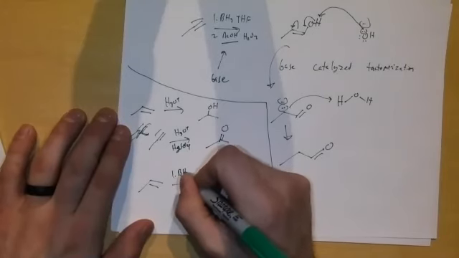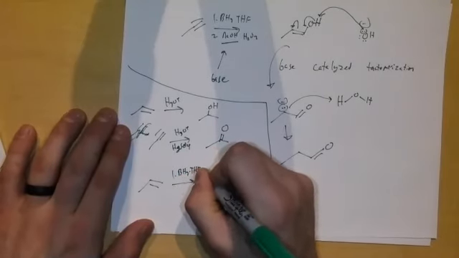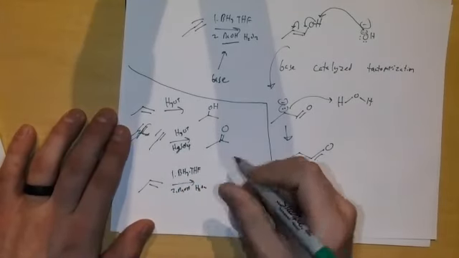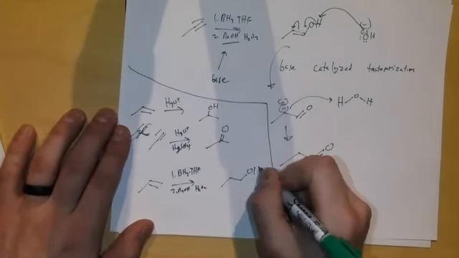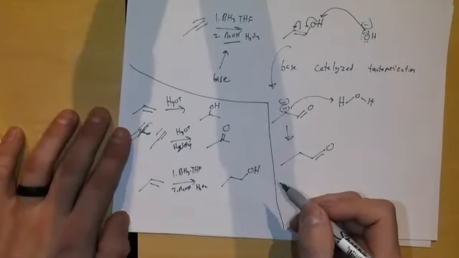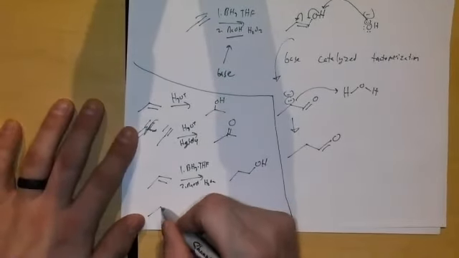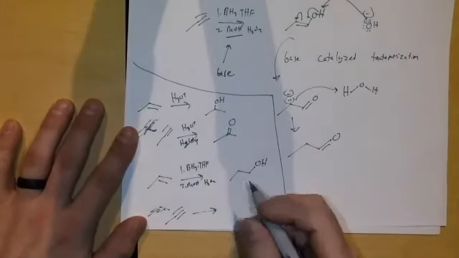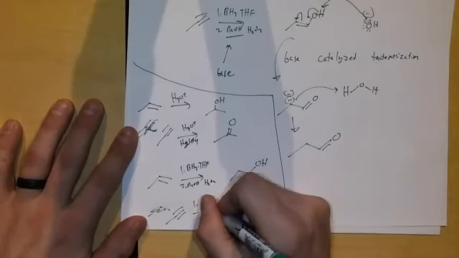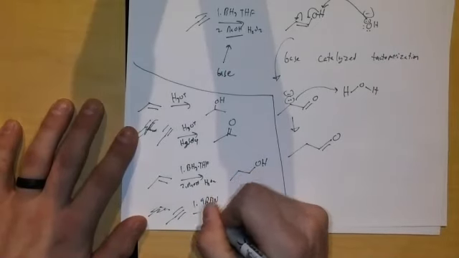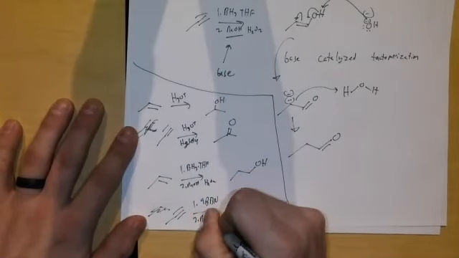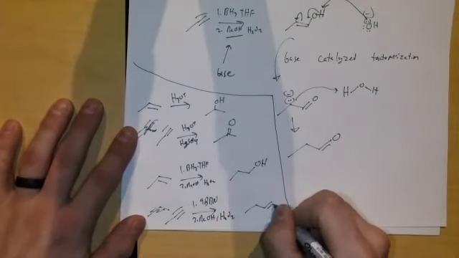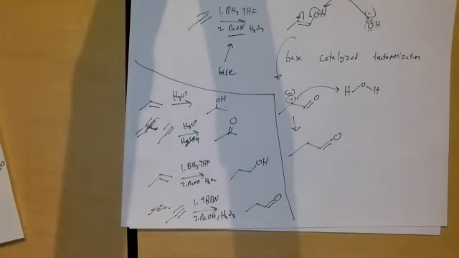Our BH3, THF, NaOH, peroxide gets us to this terminal alcohol, and then keep going. So let's say 9-BBN, NaOH, H2O2 gets us to an aldehyde here.